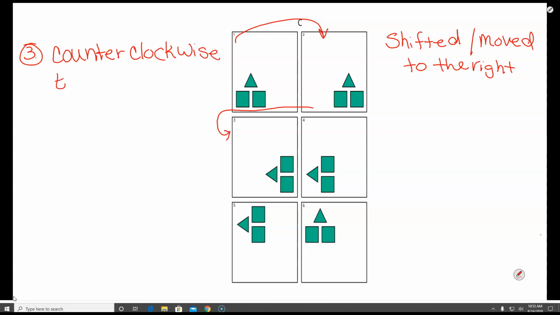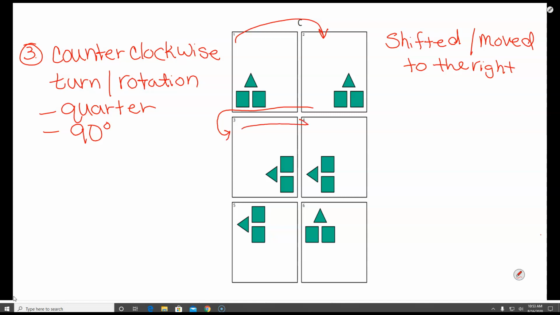We can call it a turn or rotation. Okay. Or you could also say, how far did it turn? You could say it turned a quarter turn. Or you can say it turned 90 degrees counterclockwise. Okay? Alright, so let's look at 3 to 4.